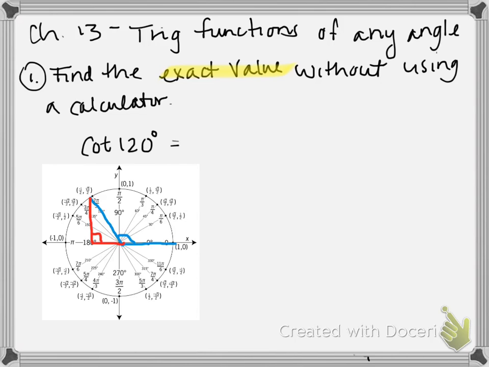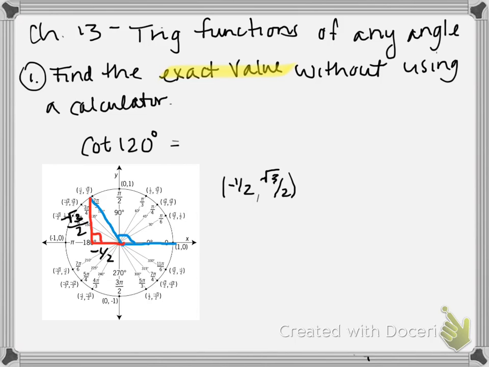And I have a point, and the point is negative 1/2, root 3 over 2. So that tells me my x distance is negative 1/2, and my y distance on my triangle is root 3 over 2.